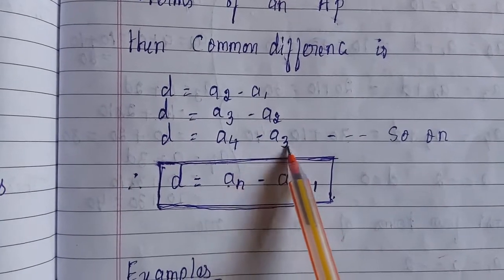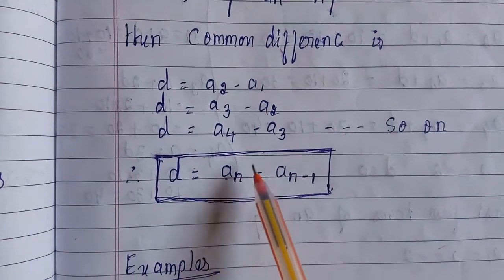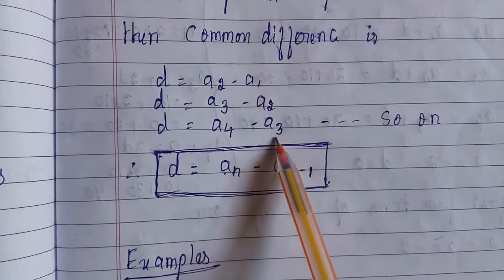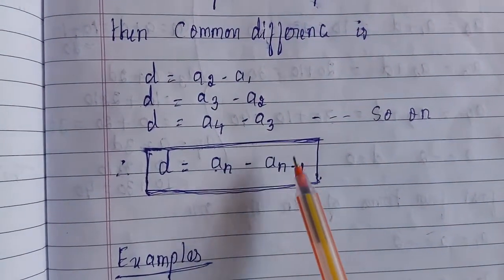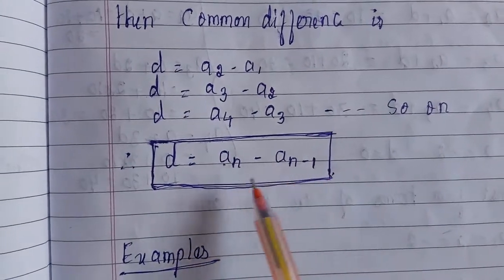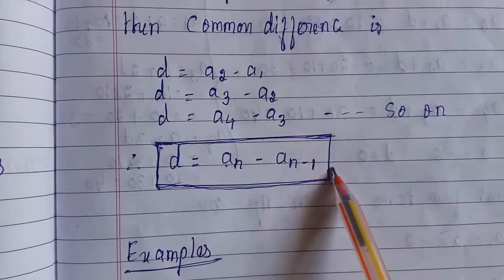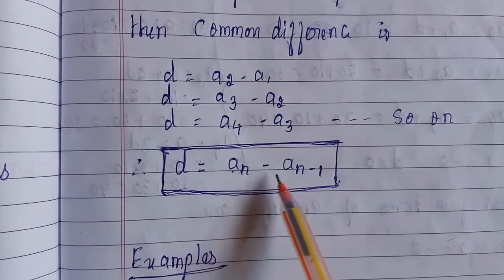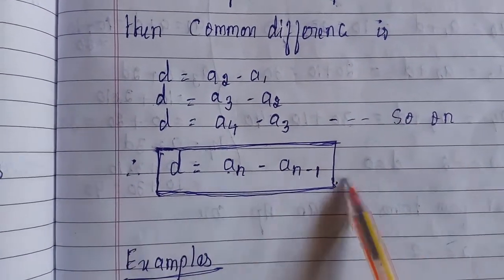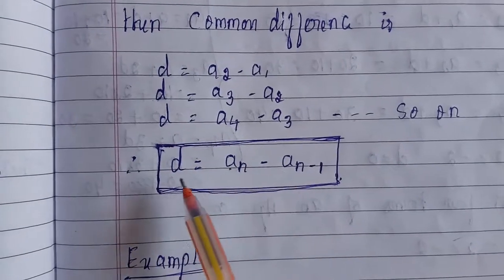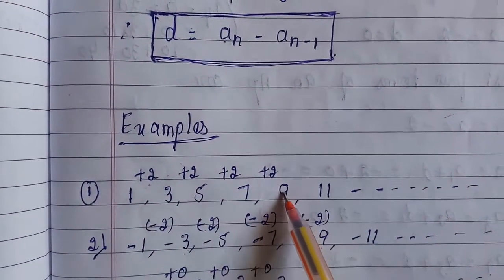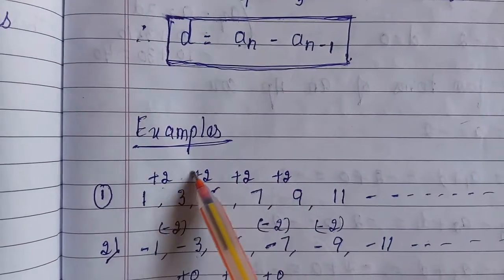This is the previous number. In the same way, if you take 4 as n, one number decreased, that is 3, can be written as n minus 1. So this is the general form of the common difference, that is An minus An minus 1. In other words, we get the common difference by subtracting any two consecutive numbers in an AP.